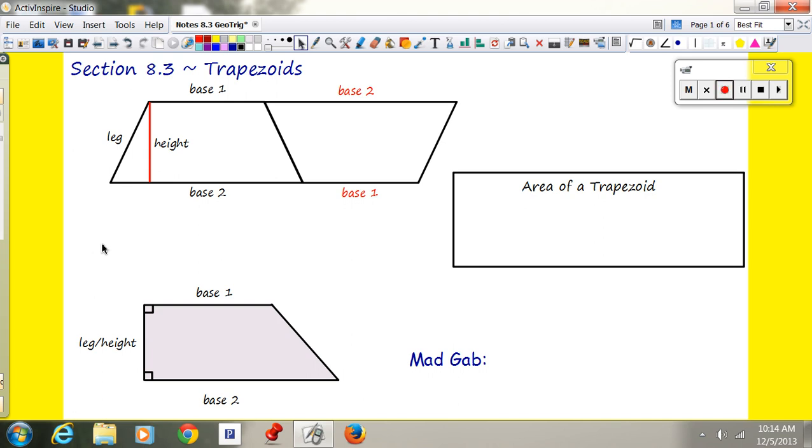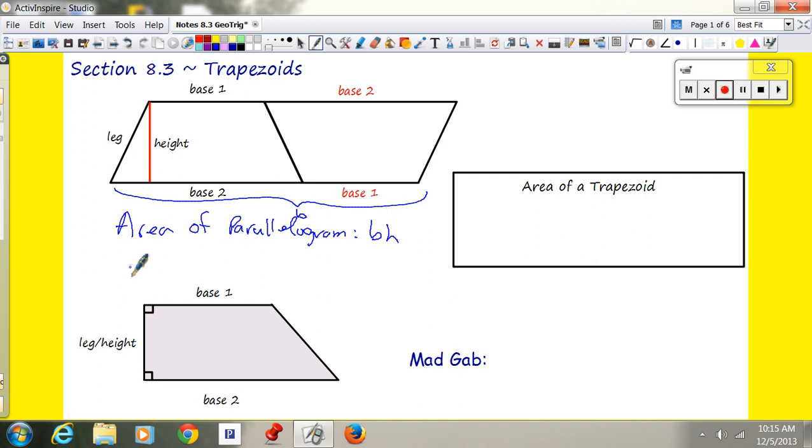To get the area of a parallelogram, actually, let me write it out. Area of parallelogram, just as a review, was base times height. Well, in this parallelogram, this is my base, and this is my height right here.